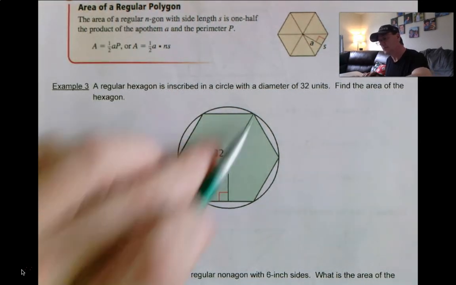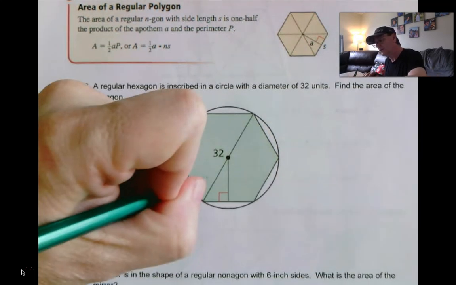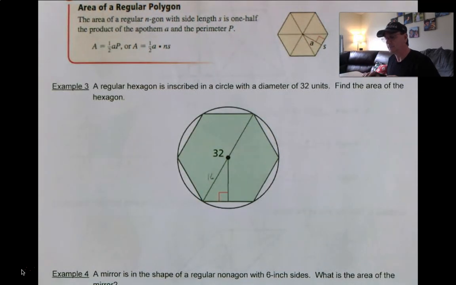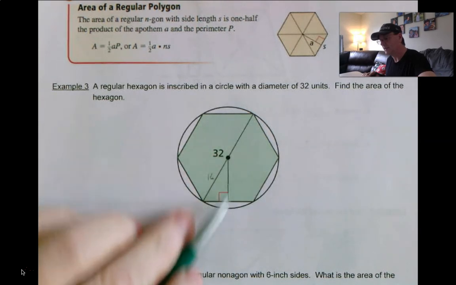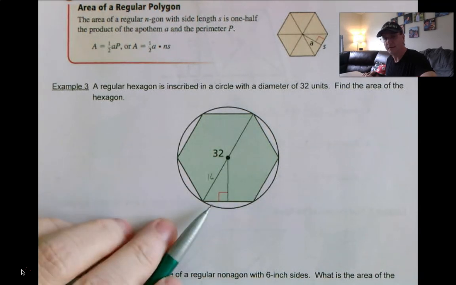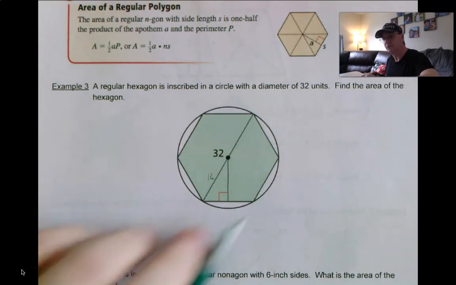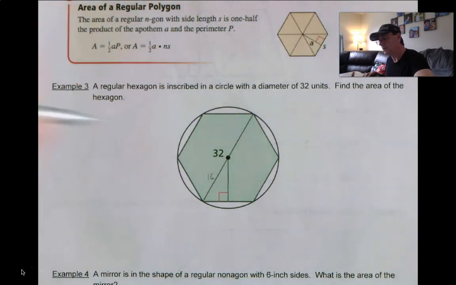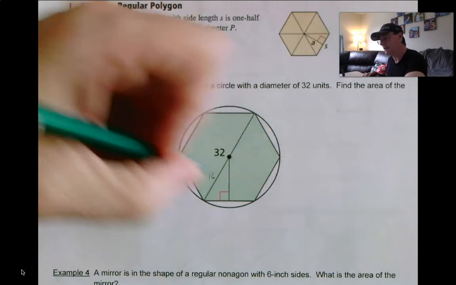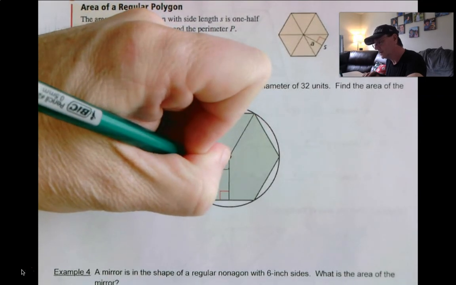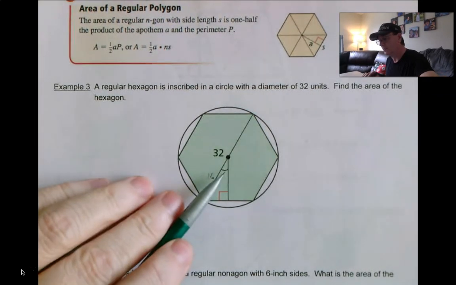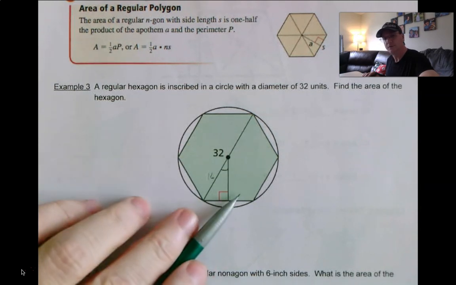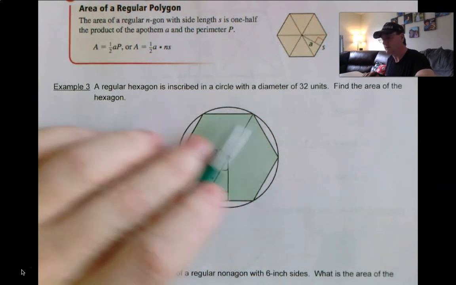So if the diameter is 32, then the radius is 16. And we're going to find the apithum, and we're going to find the length of the sides using right triangles. So if we think back to what we just did in example 2 to find the central angle, we need to find the measure of this angle right here. So there are 12 of those going around because there are 6 sides.